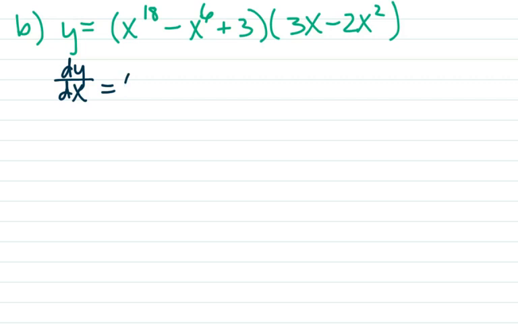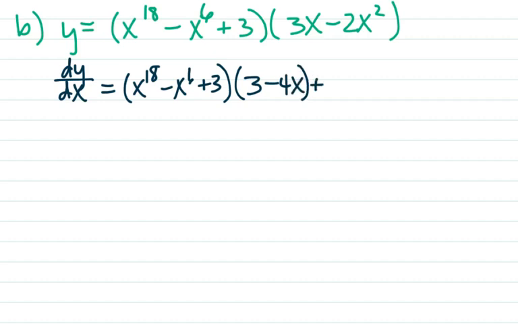So first, unchanged, times the derivative of the last. So 3x will become 3, minus 2x squared will become minus 4x, plus last, unchanged, times the derivative of the first. So that would become 18x to the 17th power minus 6x to the 5th.